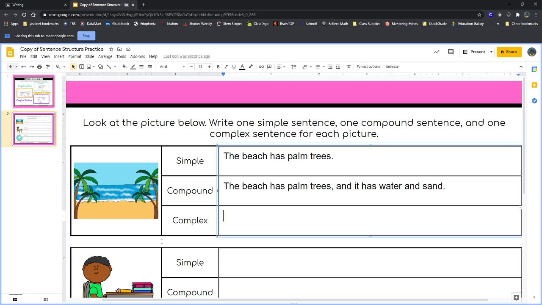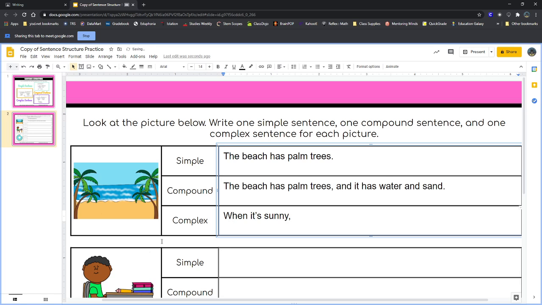So, tell me, Alexa, is the sky always blue? When is the sky nice and beautiful and clear and blue? Okay, so that will make it a complex sentence. Oh, sorry, capital. When it's sunny, comma.